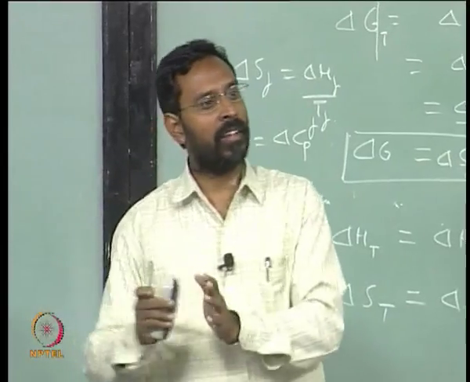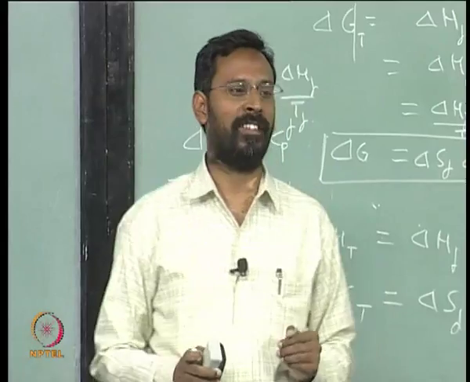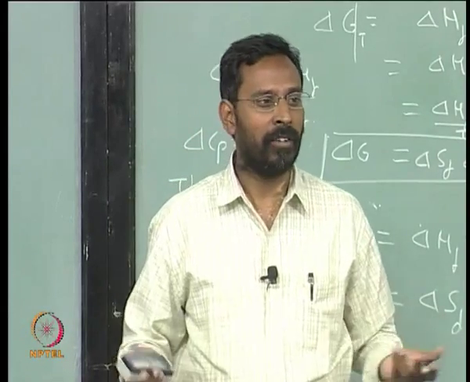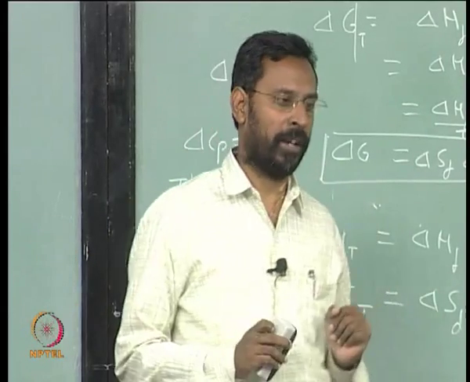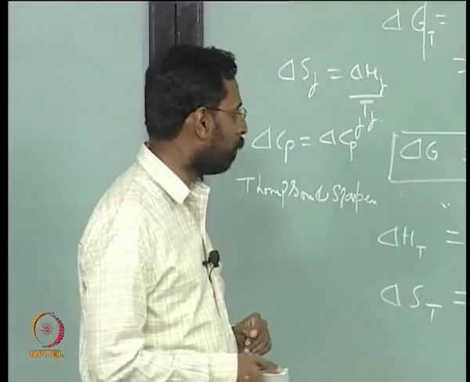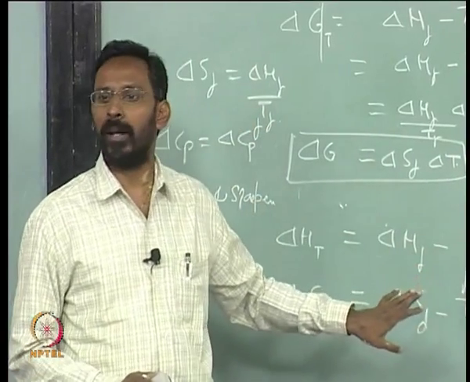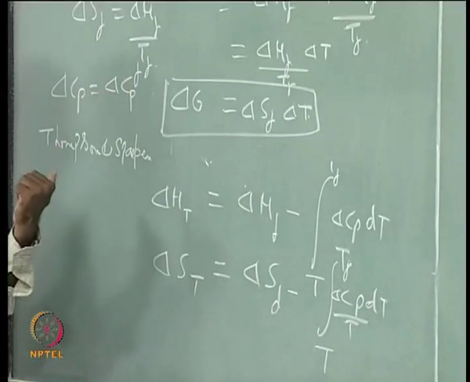So just because this extrapolation is working in non-metallic systems, can I assume that it would work in metallic systems is another thing. One can always argue, but people are trying to do that. This is one such assumption, and once you take that this is constant, then again this integration becomes easy for me. I can take the constant out.